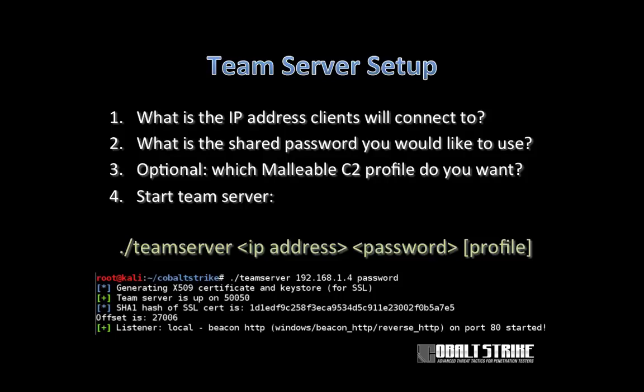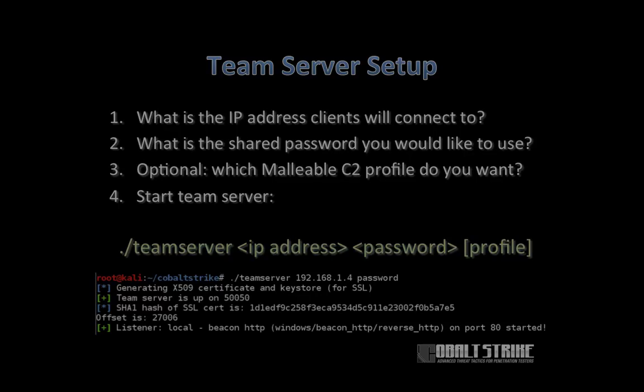Once you know the answer to those three questions, go ahead and start the team server with the team server script included in the Linux distribution of Cobalt Strike. It's very important to note that the Cobalt Strike team server only runs on Linux. It does not run on Mac OS X. It does not run on Windows.